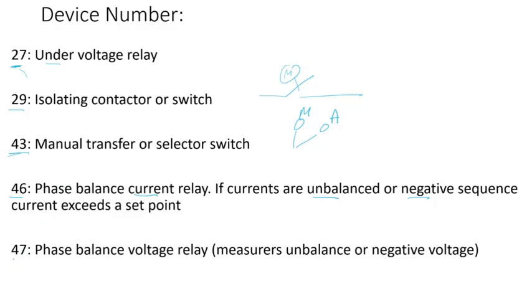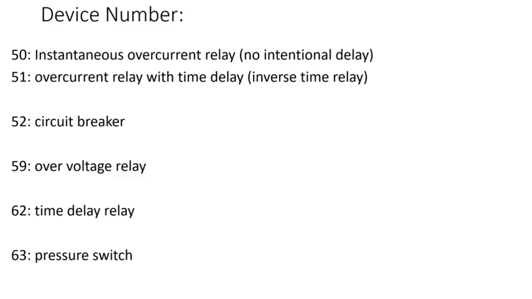And device 47 is a phase balance voltage relay. So 46 is current, 47 is voltage. So it measures unbalanced or negative sequence voltage. Device 50 is an instantaneous overcurrent relay.